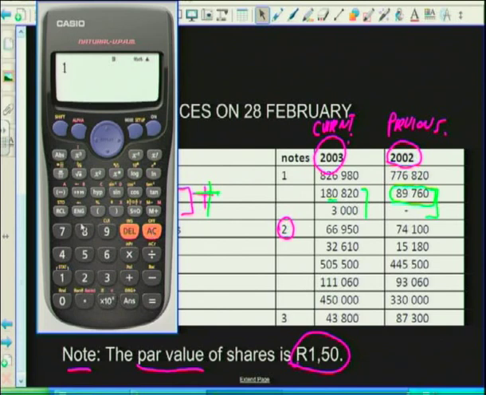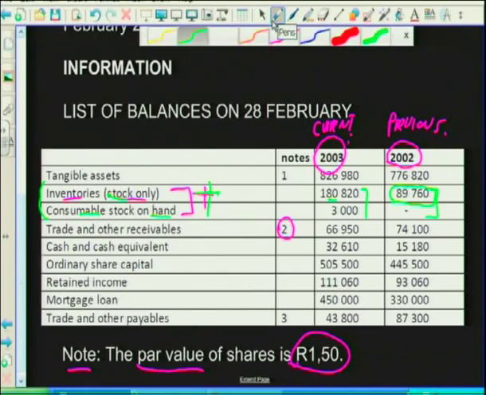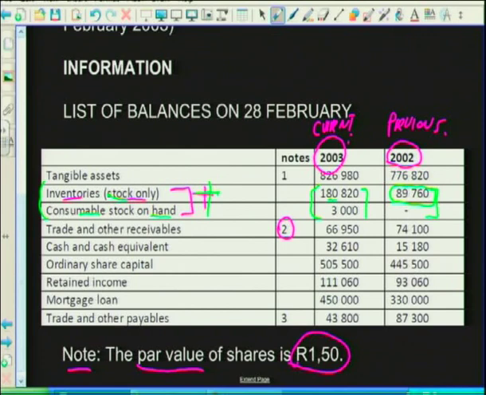We've got 180,820 for stock, plus consumables on hand, 3,000, to get 183,820. So let's just make a note of that before we complete note 1. These two amounts added up gave me a figure of 183,820.